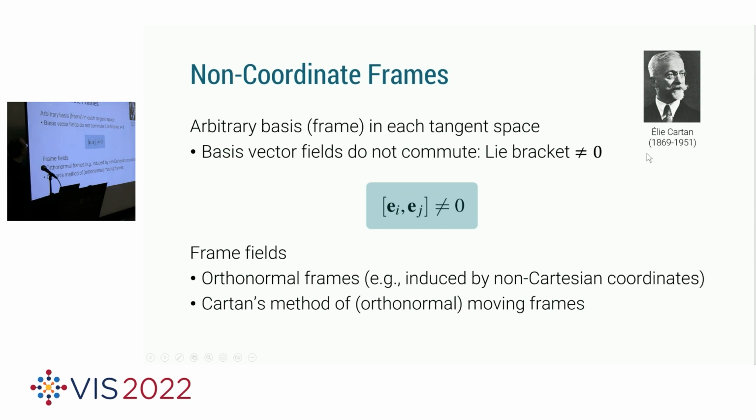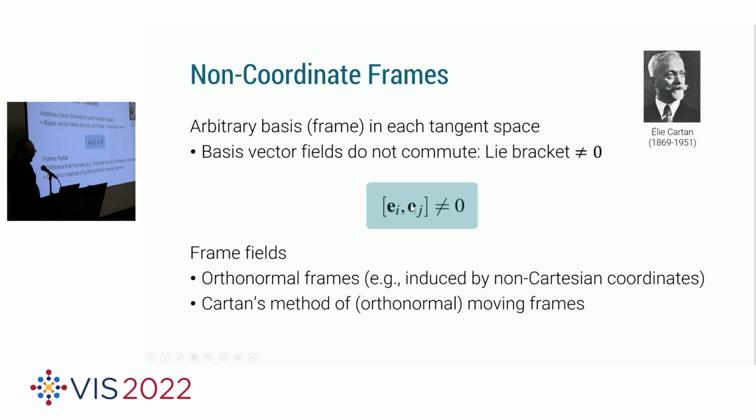So that brings us to a little bit about non-coordinate frames. A famous differential geometer who used them was Élie Cartan. Basically, on many manifolds, if you use an orthonormal frame, so you want to have an orthonormal basis, the orthonormal basis is often a non-coordinate frame. That's even true in polar coordinates that we saw already a little bit before, but we'll look at it in detail again.